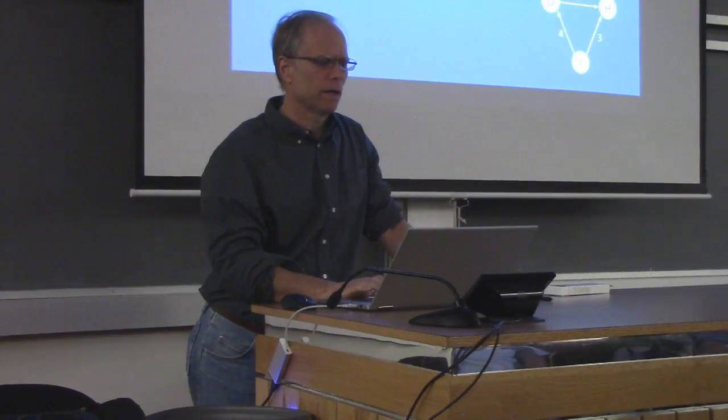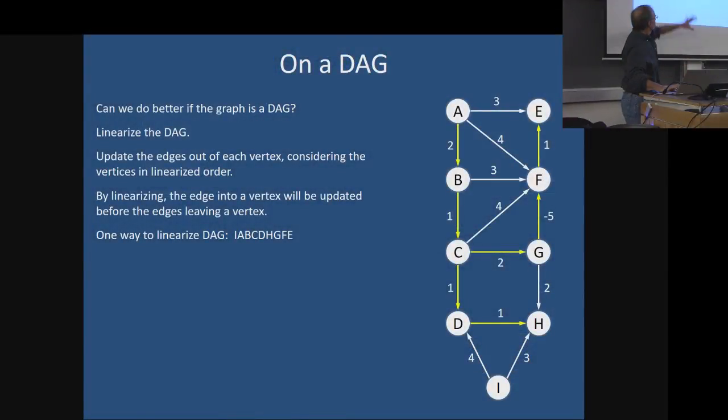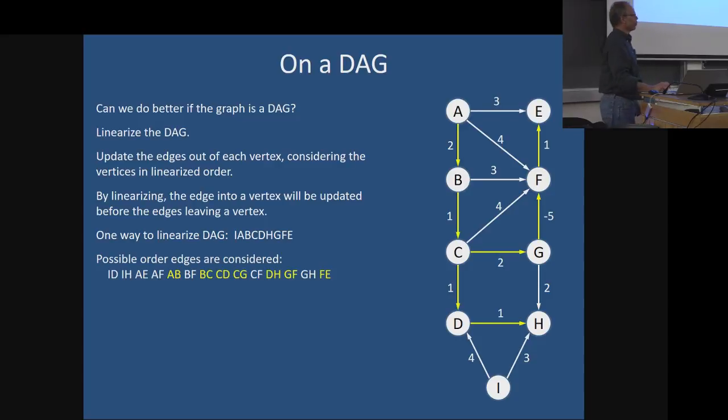Okay, so let's look at it. There's one way to linearize this DAG. Maybe I would come first, and then A, B, C, D, H, G, F, E. And this is one possible order in which the edges are considered. So we get the ones out of I first, then the ones out of A, and then the ones out of B, C, D, G, and so on.